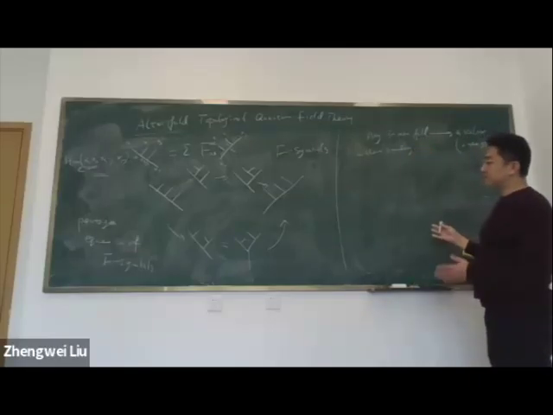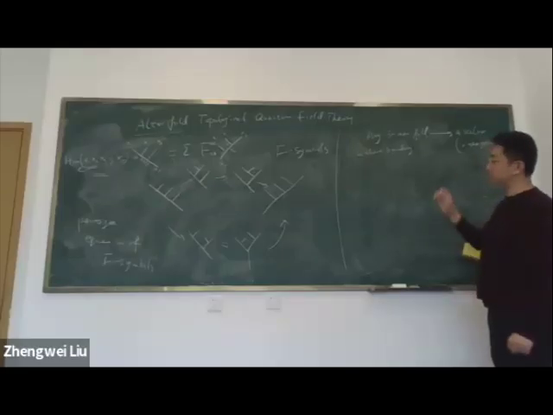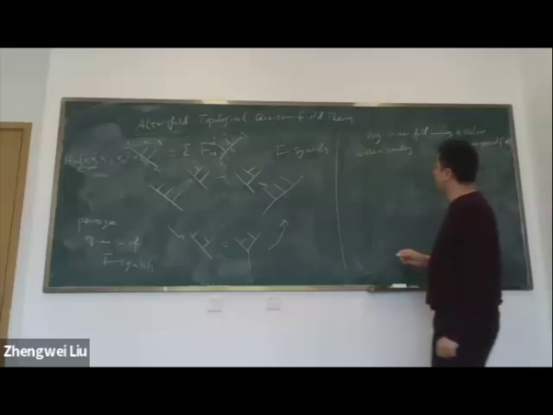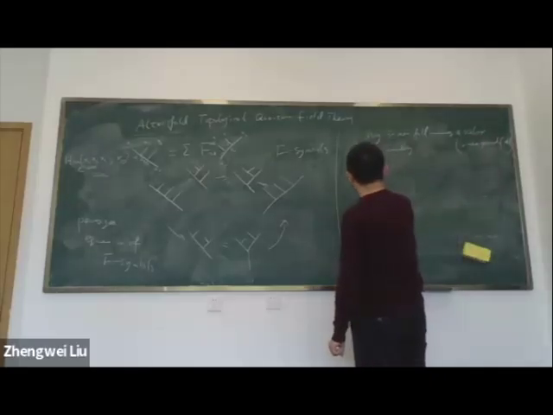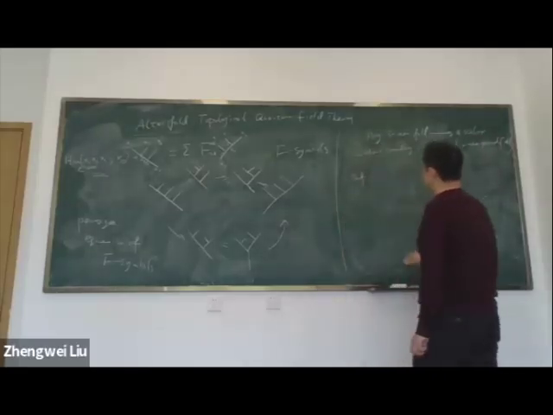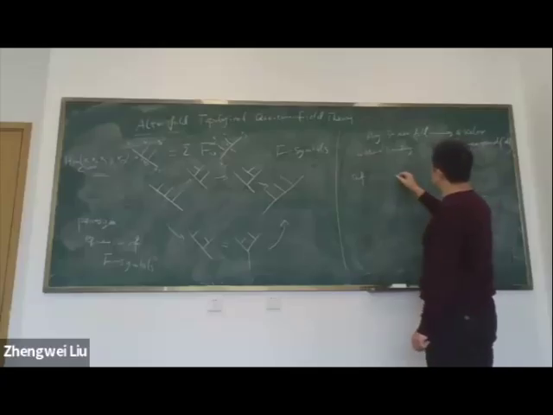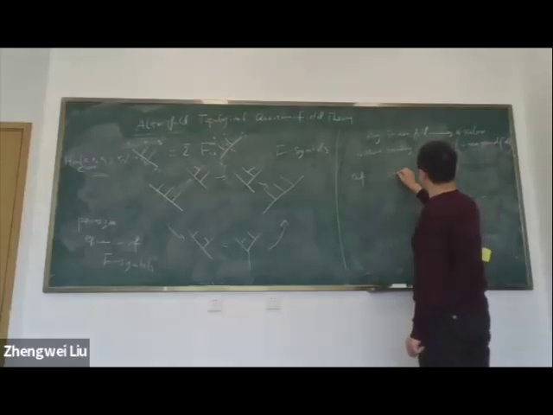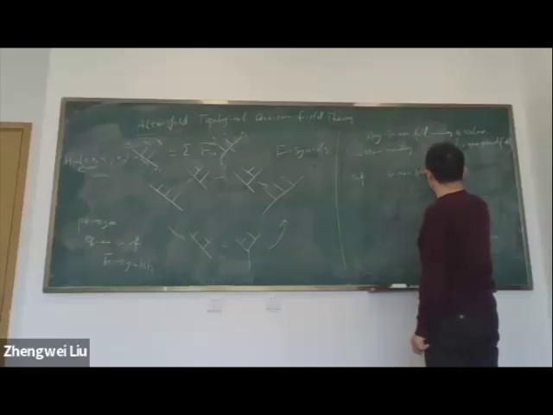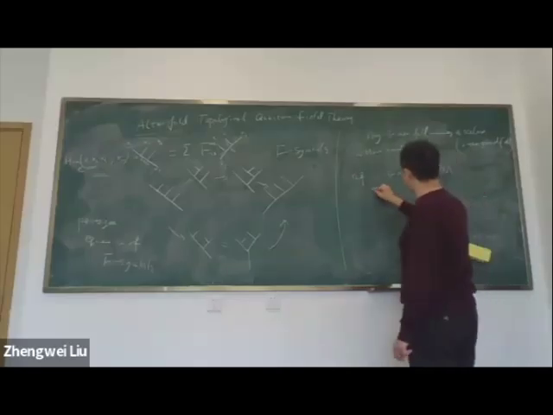So let's first see how we define a scalar for this 3-manifold. Given the 3-manifold M, we can take a triangulation.